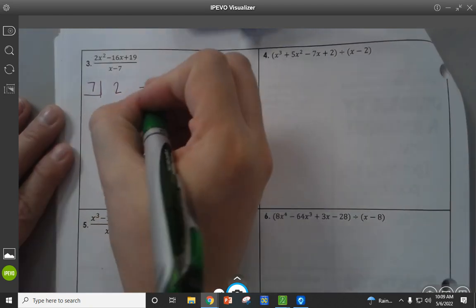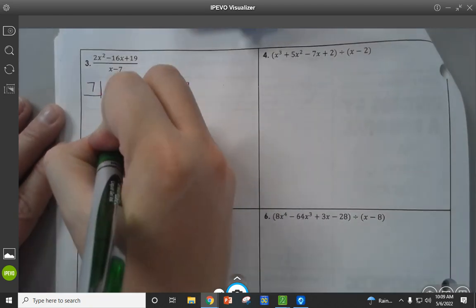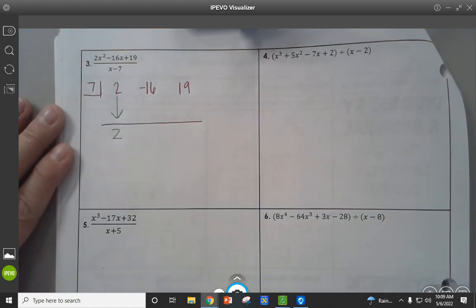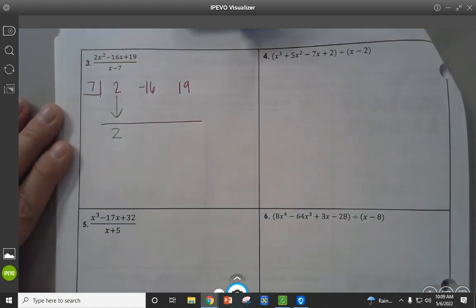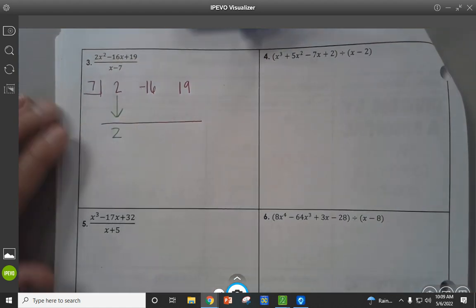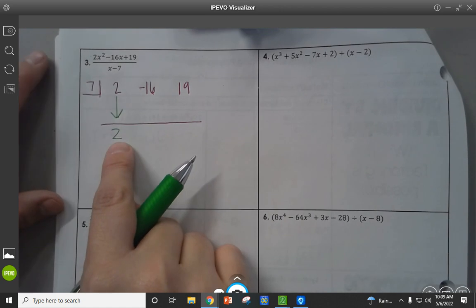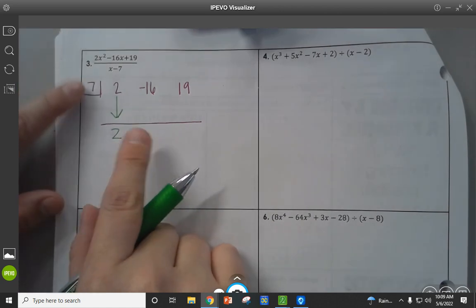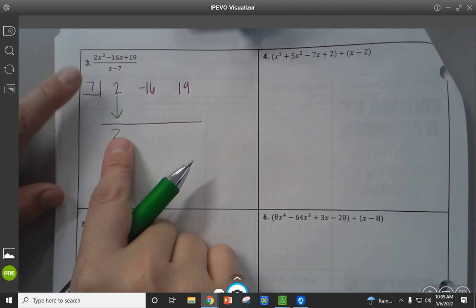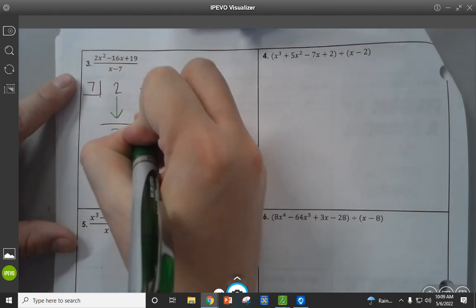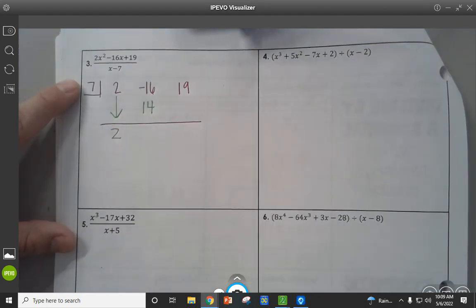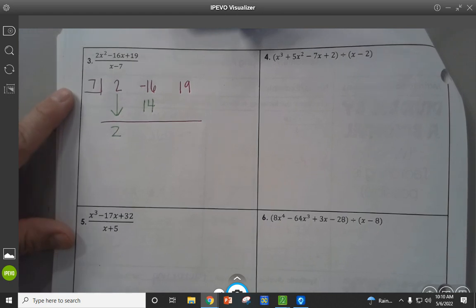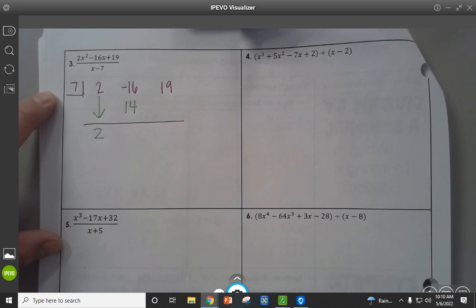All right, so first, we bring down the first number. So bring down the 2. Then what do I do? Multiply the 2 and the 7. And that goes here. 14 goes there. And then what do I do? Add.